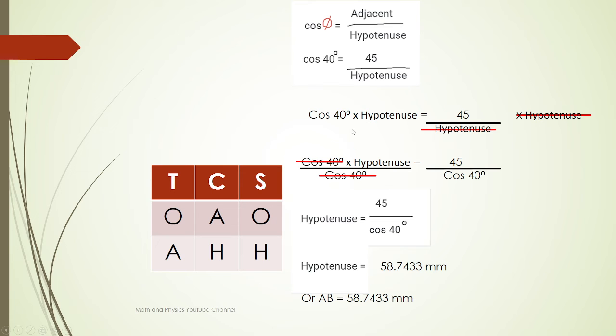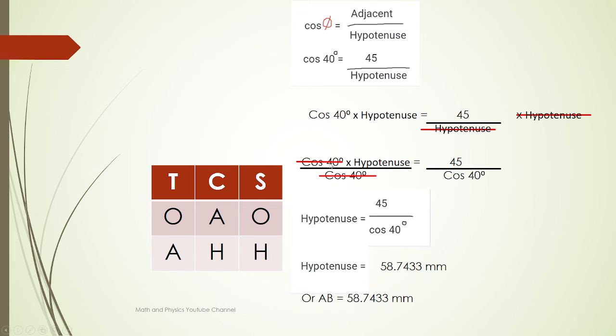Okay? Now we're going to do the same thing, because we want the hypotenuse to be the subject of the formula. We have to divide both sides of the equation by cos 40, so that the hypotenuse can be the subject of the formula. The cos 40 would cancel out on the left hand side.